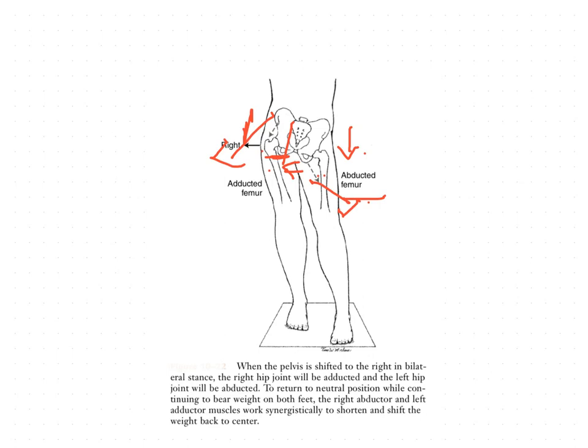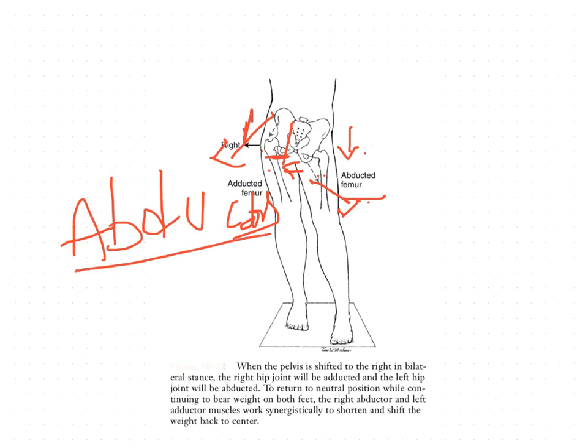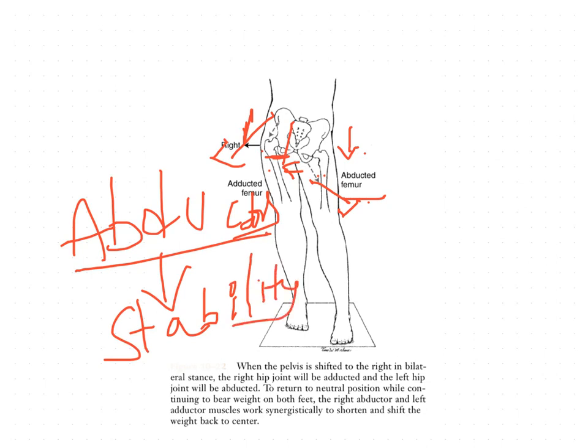Although the abductors are commonly credited with serving a stability role, keep it in mind: the hip stability in the frontal plane is mainly provided by the abductors. The stabilizing muscles in the hip joint in the frontal plane are the abductors.